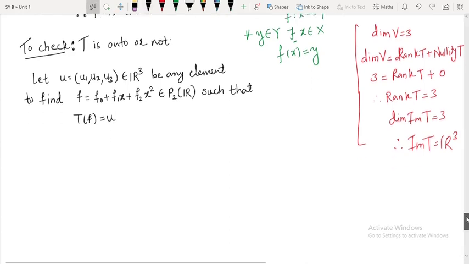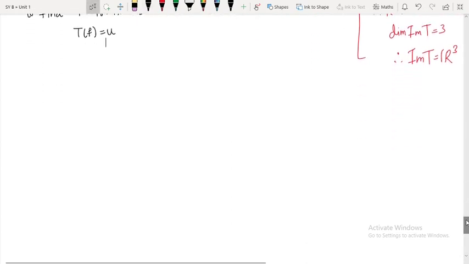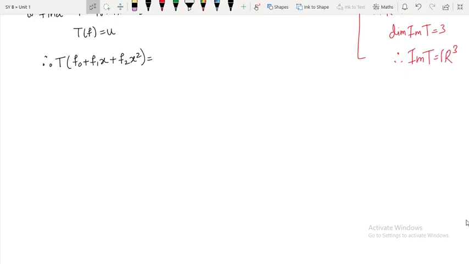Therefore T of f0 plus f1x plus f2 x square will be equal to (u1, u2, u3). So I'll call it as sum 2.